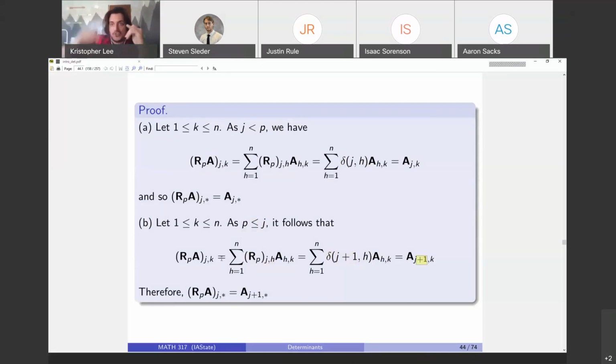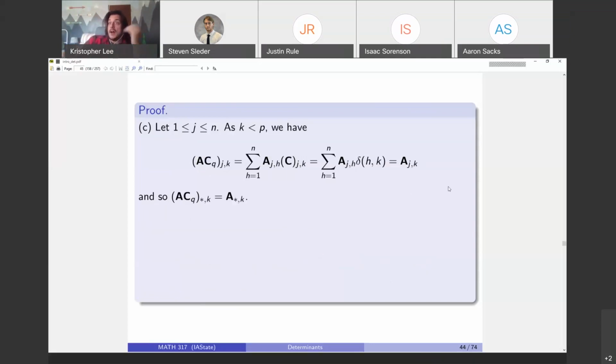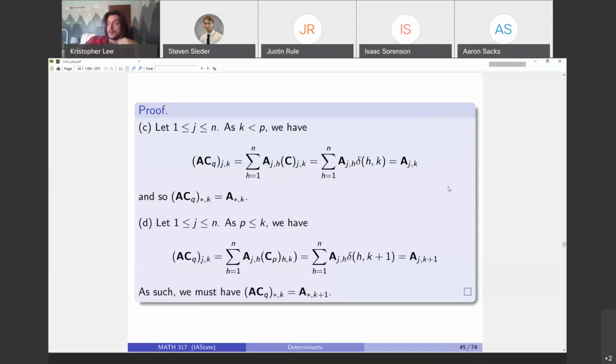So it shifted the row accordingly. And there we go. Beautiful. So indeed, multiplying by this matrix where you've removed the P row of the identity removes the P row out of the original matrix A via matrix multiplication. And then, like I said, the exact same proof for the columns. It's basically exactly the same.